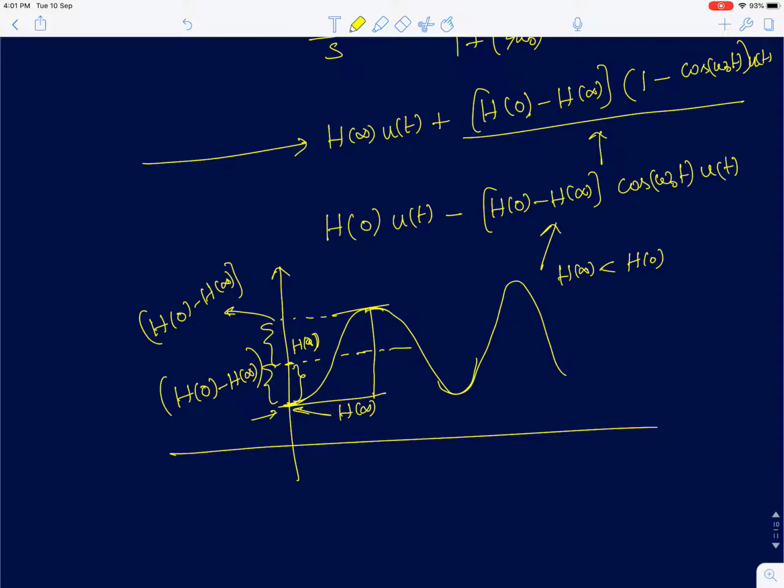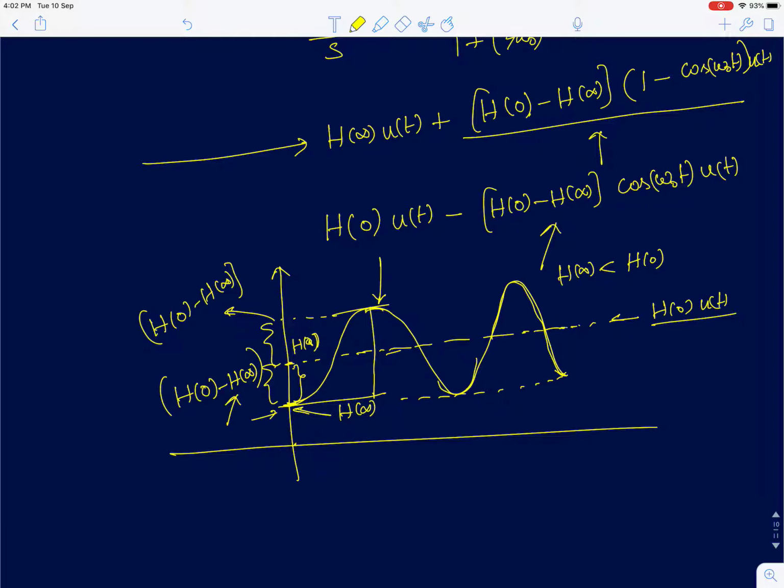Okay, the steady state value is going to be h of 0 into u of t, but there will also be a sinusoidal oscillatory component. In a low pass system h infinity is 0, so it directly starts off at 0, but since it's a system with a finite, second order, complex 0, it's not going to start at 0, it's going to start at a higher value, and then it will keep oscillating around h of 0.